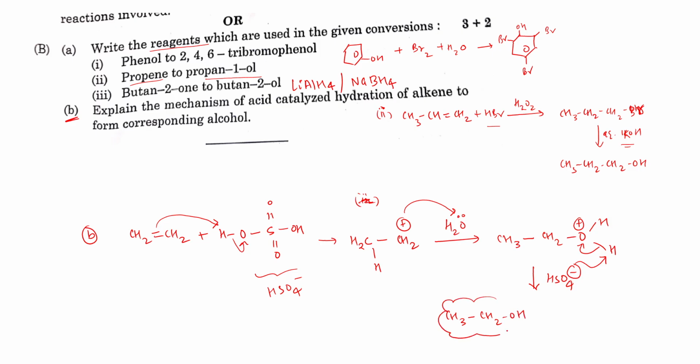So this is the acid catalyzed conversion of alkene to alcohol. In this way we can write the mechanism. Thank you.